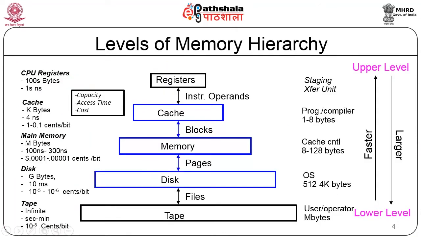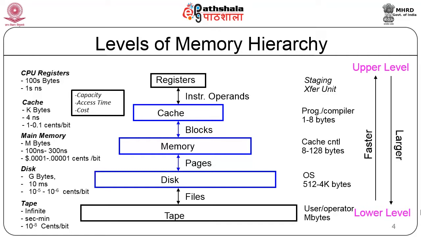This indicates the levels of memory hierarchy that we are looking at. When you look at a hierarchical memory system, in order to satisfy the speed, cost and density requirements of processors, you have registers at the innermost level which have very low access times of very few nanoseconds.